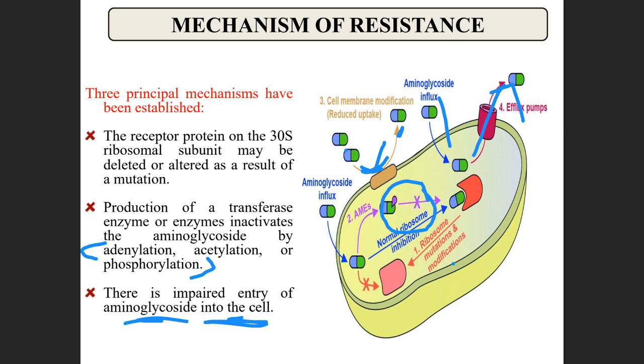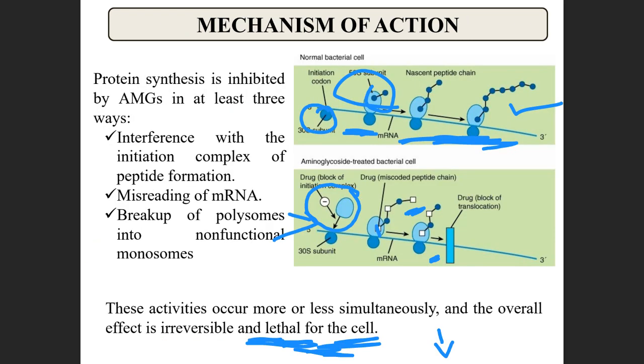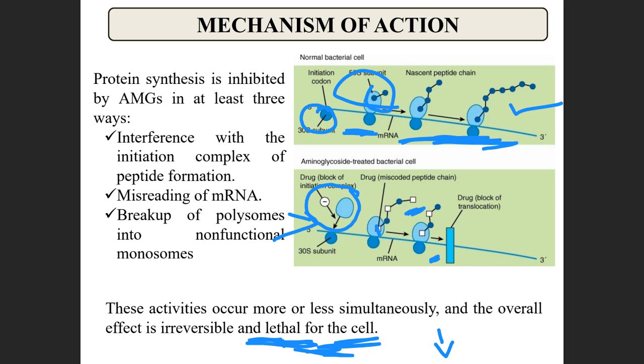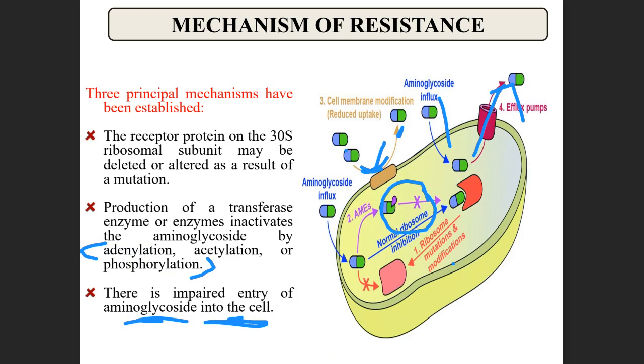So basically, if we understand the mechanism, we just go back to the slides: whatever mechanism is obstructed by the aminoglycosides, the protein formation that is inhibited by the aminoglycoside, will be overcome in the resistance, and that may lead to the development of resistance mechanism in the aminoglycosides. Am I clear? So this is how the resistance will develop in the bacterial cell, and the bacterial cell gets resistance to it, and the drug is not having effect.